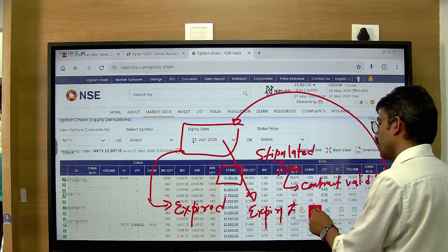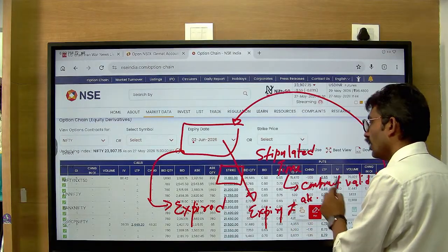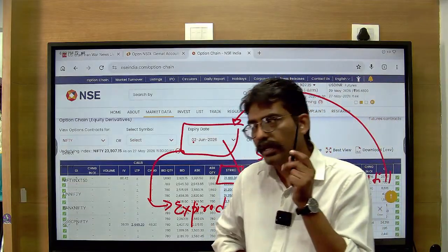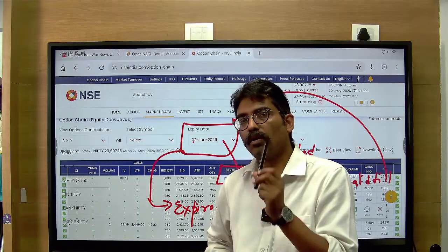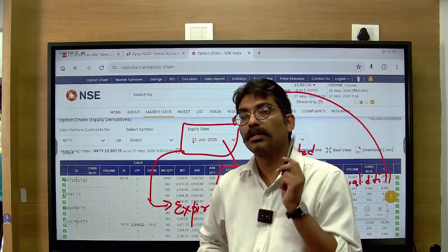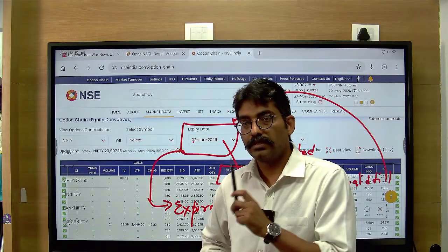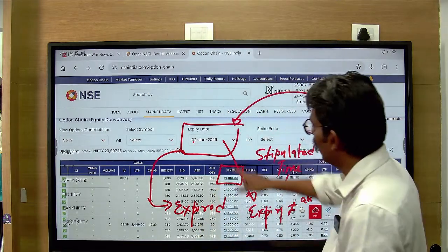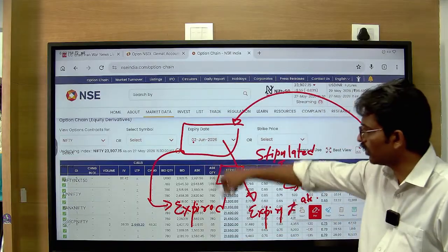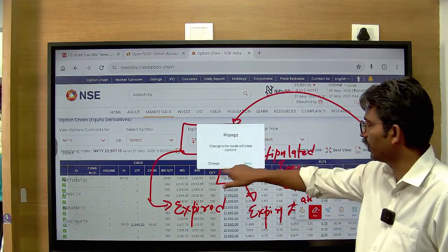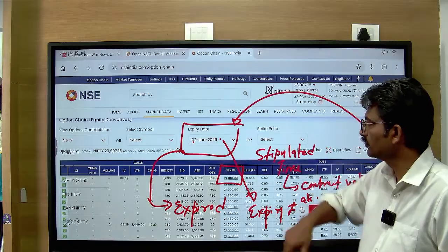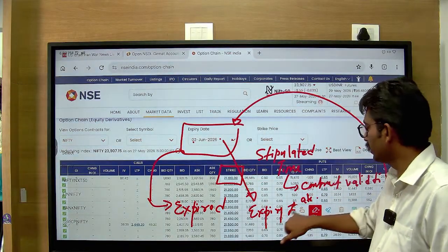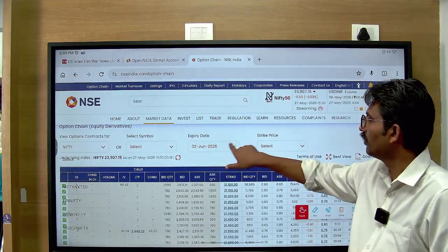Now listen to this carefully. Because it is an exchange, the expiry dates are all the same in terms of the day. It's a standardized contract. That's why all the expiry dates, when you click on this one, are what? Tuesday. Why is that?